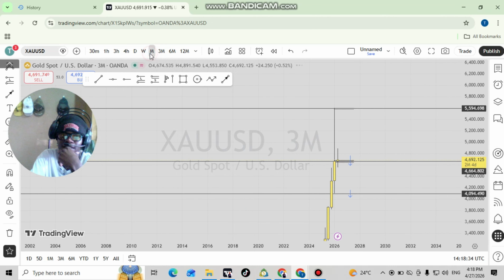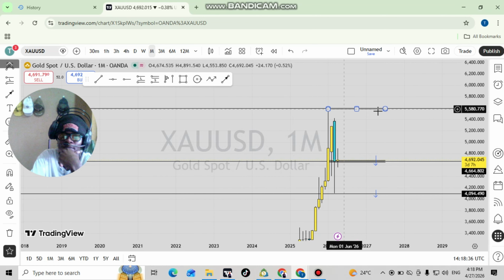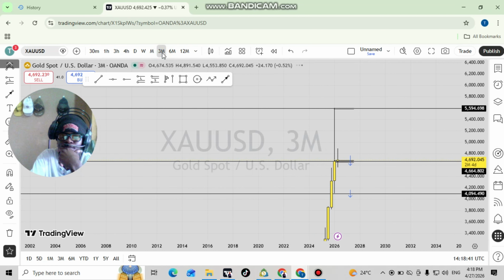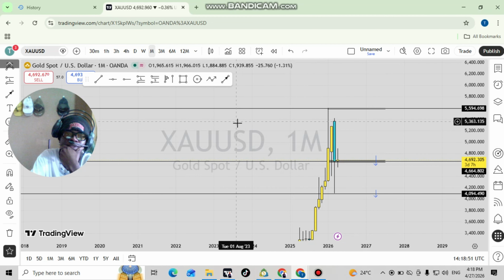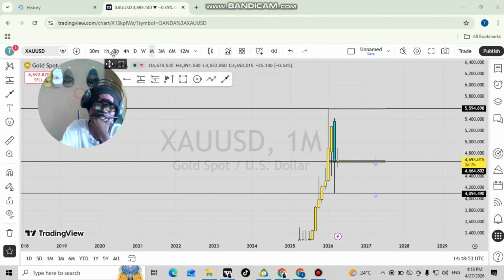You go to the monthly time frame, you can see that price is trapped inside here, inside this week. This is a week, this is all a week. Price is in a week here. So let's just indicate it there.